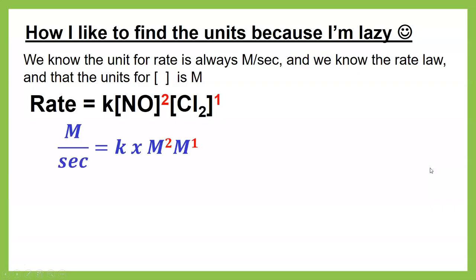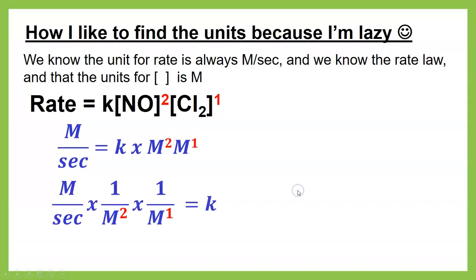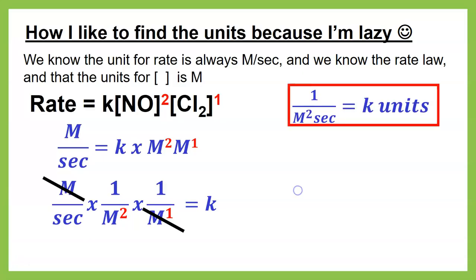So here's kind of how I like to do it. Rate equals K, M squared, M to the first. I divide to try to isolate K. I see what cancels out, and I'm left with my units.